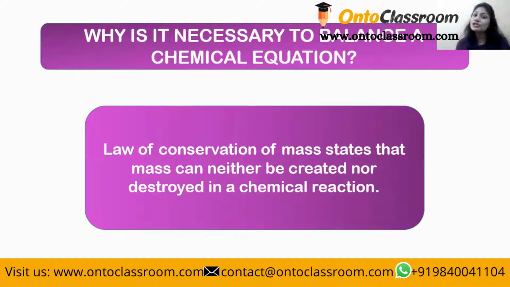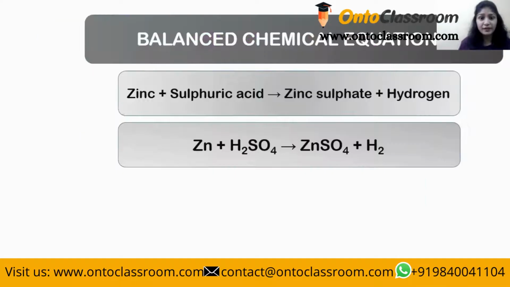It means if two oxygen atoms are reacting, in the product also you should get two oxygen atoms only. That is, the mass of all the elements which are reacting should be equal. The mass cannot be gained nor destroyed. This is the law of conservation of mass, and that is the reason why we have to balance all the equations. Moving ahead, now let's see how to balance the equation.